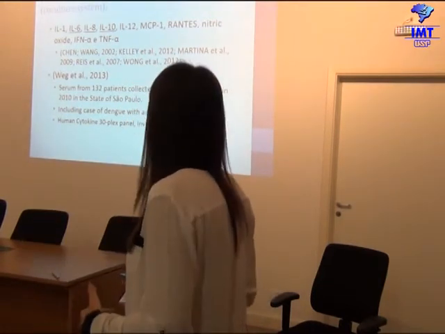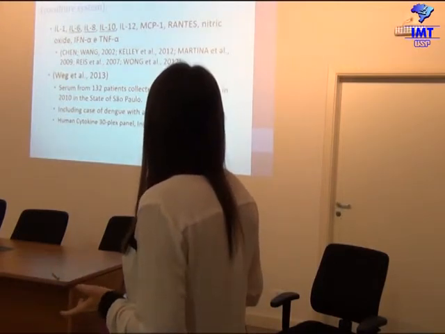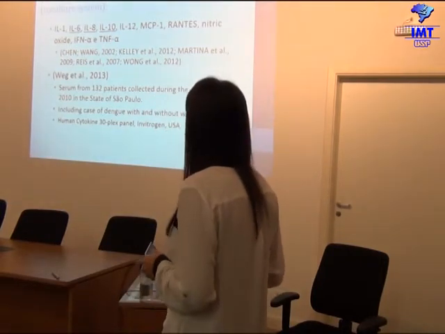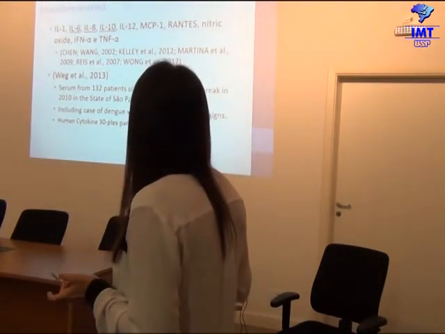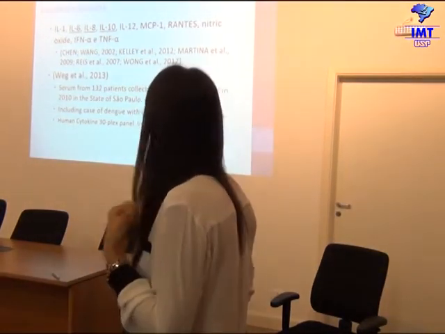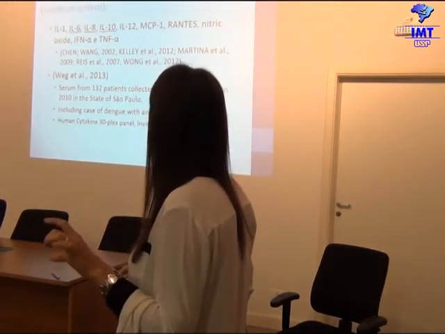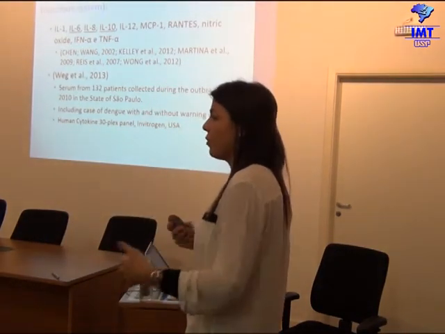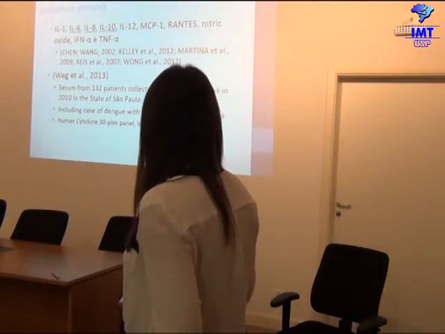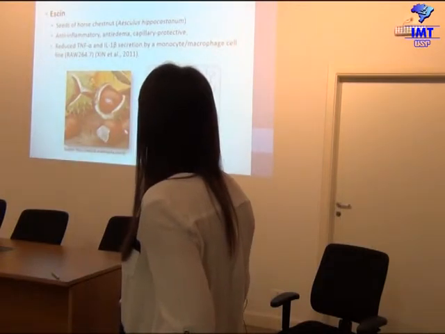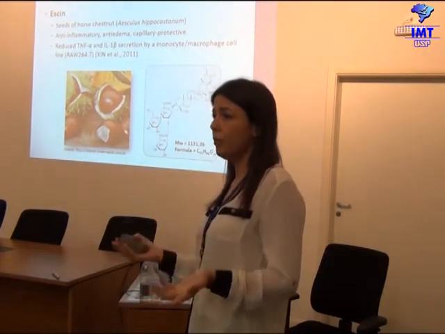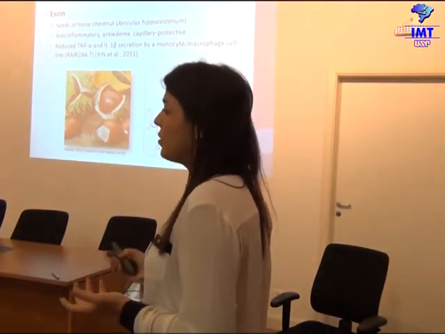So we have the profile of these patients, including patients with dengue with and without warning signs, and then we measure these cytokines in our co-culture system. In the supernatant of the culture, we can compare the in vivo and the in vitro system and see how comparable they are.